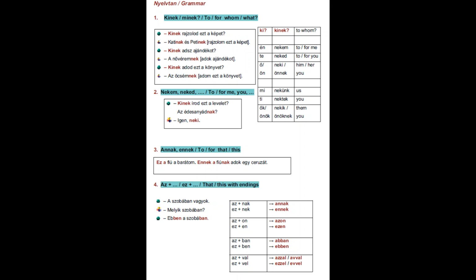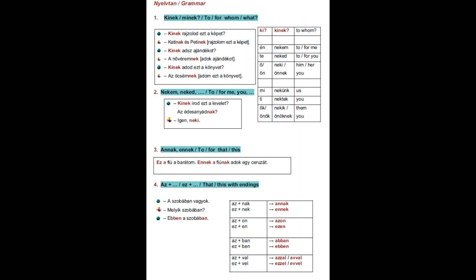Ők. Them. All right? Those guys over there who are not me or you. It's them over there. It's ők. Nekik. To or for them. Ők nekik. To or for them over there. Ők nekik kell.